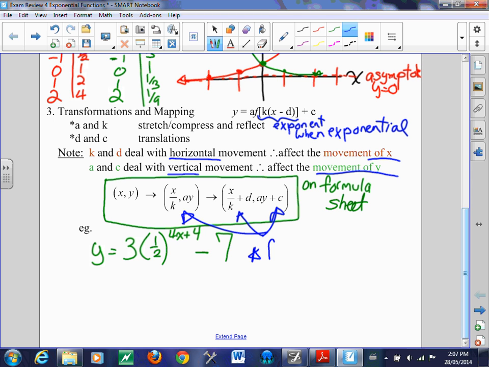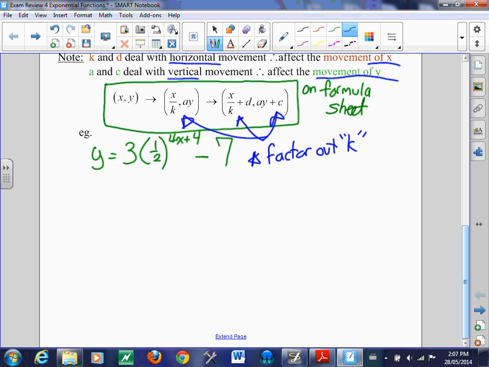Don't forget to factor out k, because that affects your d value or your translation left and right. Okay? So taking a look here, notice that k is not factored out, so we've got to do that. So y equals 3 bracket 1/2, and then we're going to take 4 out, and we're going to have x plus 1 all up in the exponent, and then subtract 7.